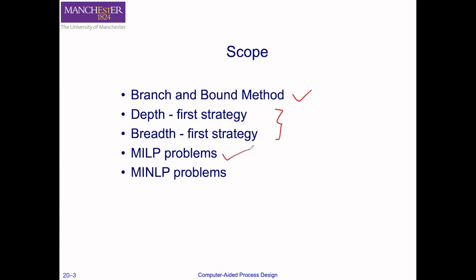And then we will discuss how to use the branch and bound method to solve mixed integer linear programming problems and also mixed integer nonlinear programming problems. We will also introduce other optimization methods that can be used to solve mixed integer nonlinear programming optimization problems.